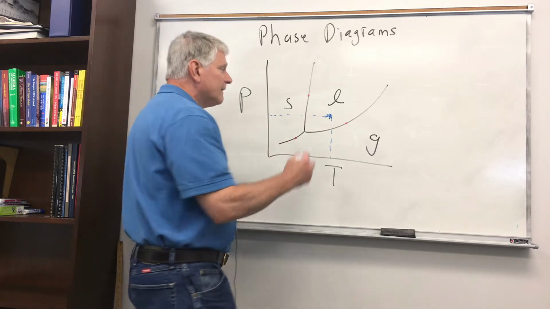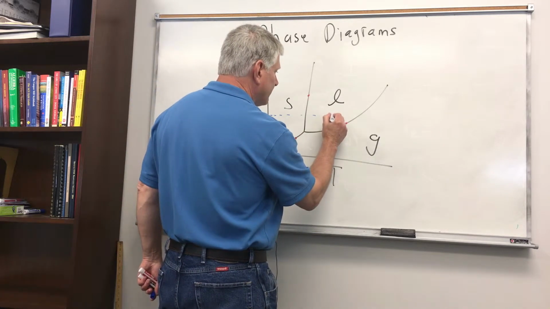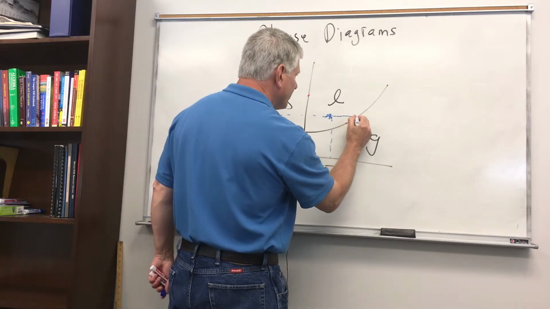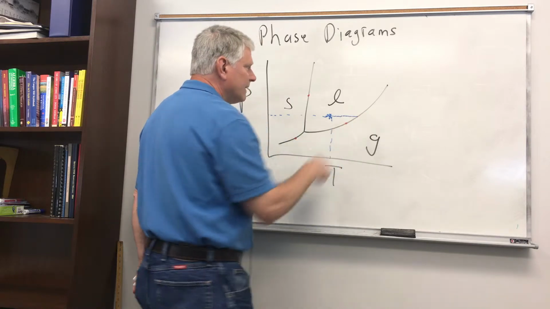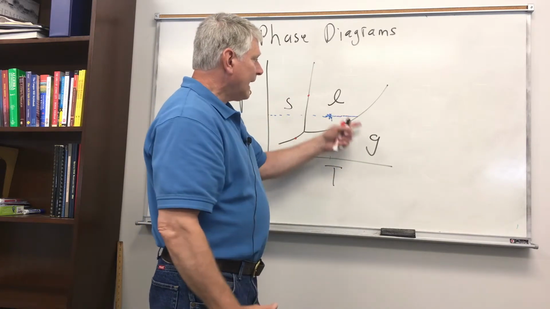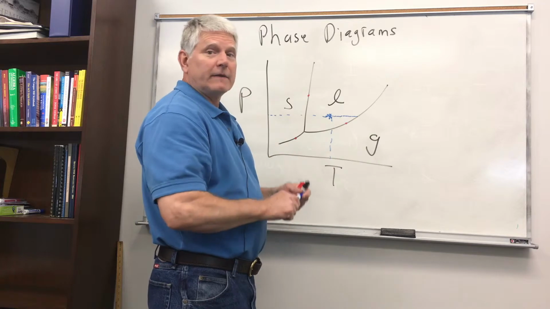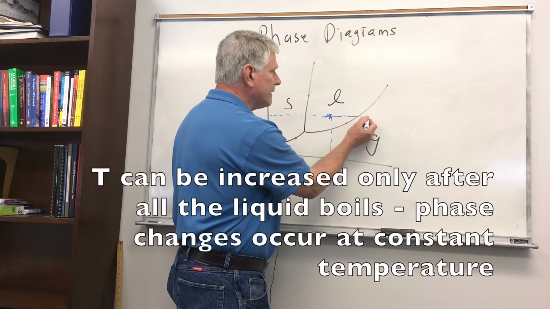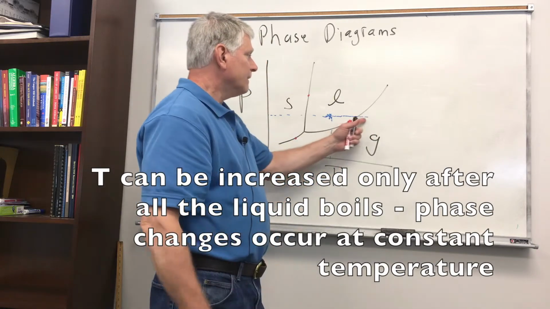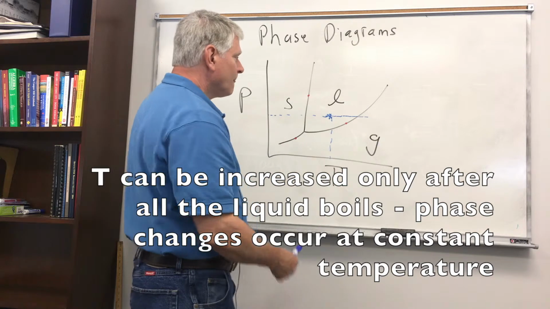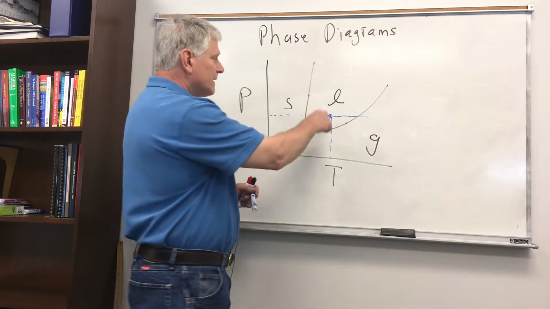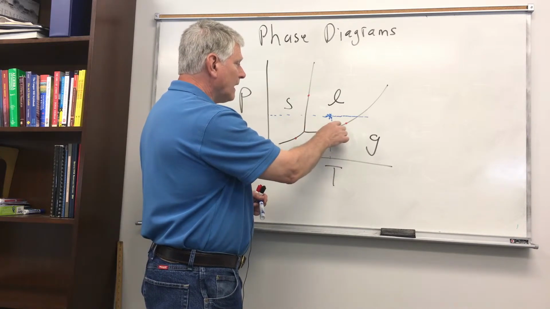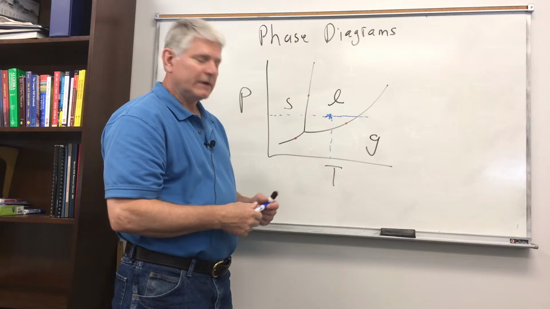If I increase the temperature, keeping the pressure constant, I'll get to this line, and now liquid and gas phase are equally stable, so when I get to this line, I'll hit the boiling point. And if I keep raising the temperature after that, then gas phase is most stable. So in these areas, you can see the phases that are most stable, and on the line, they're equally stable between two phases.